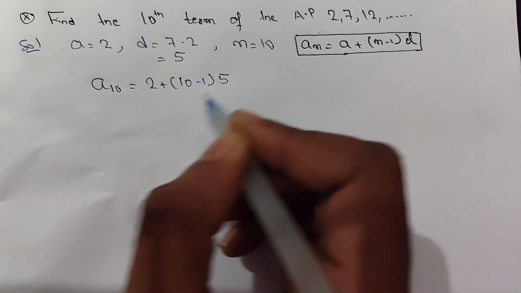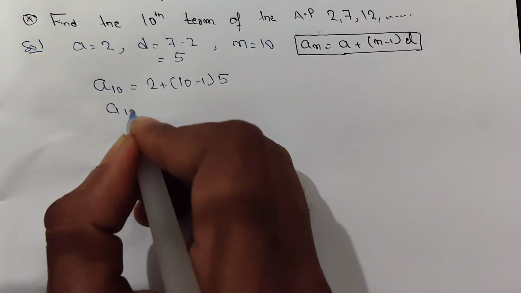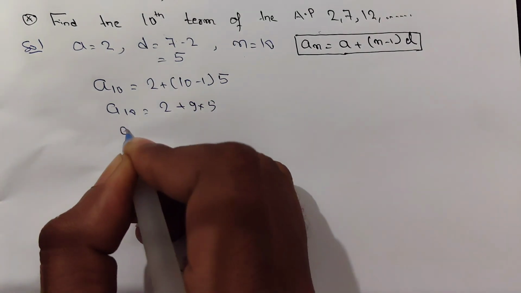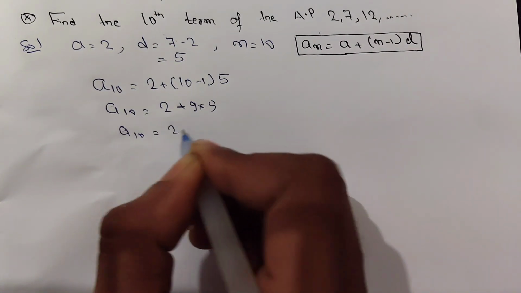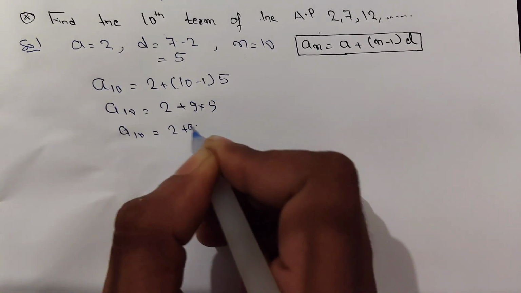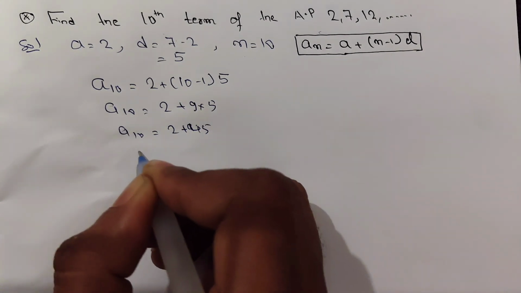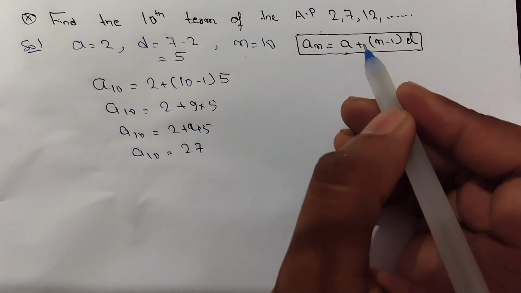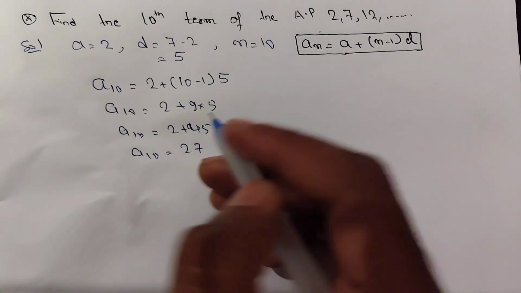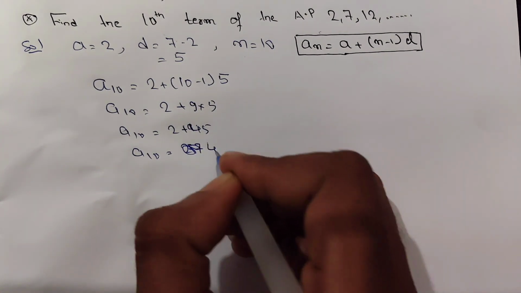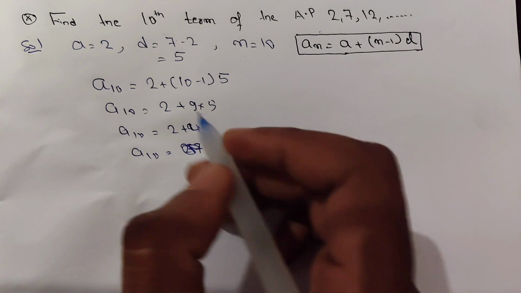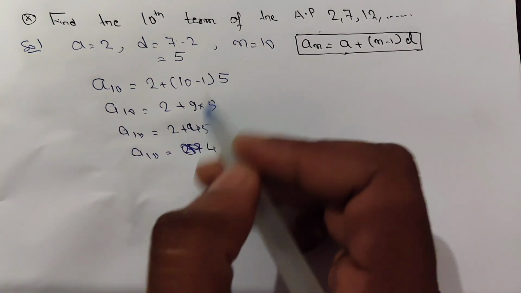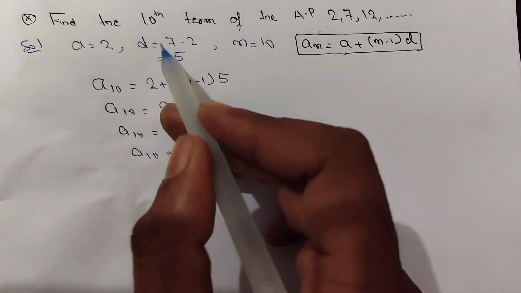So a10 is equal to 2 plus 9 into 5. 9 times 5 is 45, so a10 is equal to 47. So at the 10th place the value is 47. This is the way we directly get the answer of what is there in the 10th place.